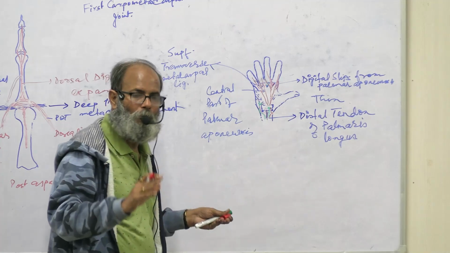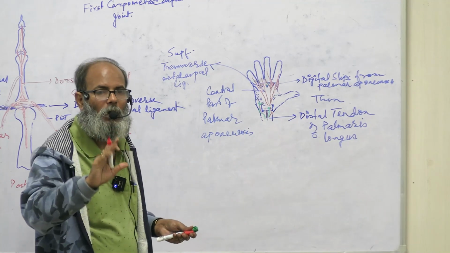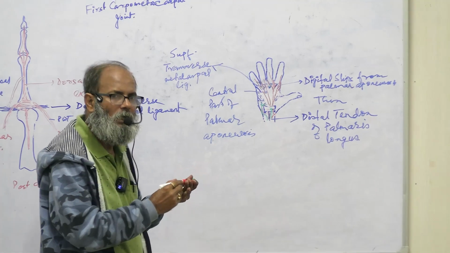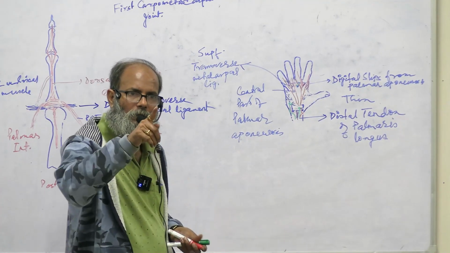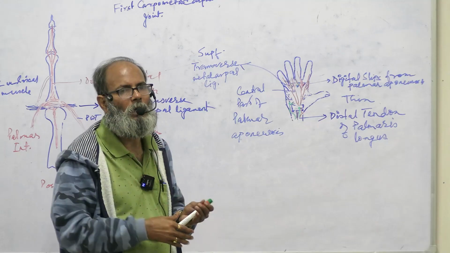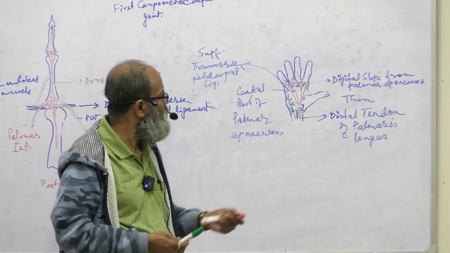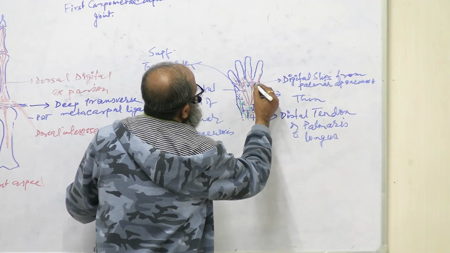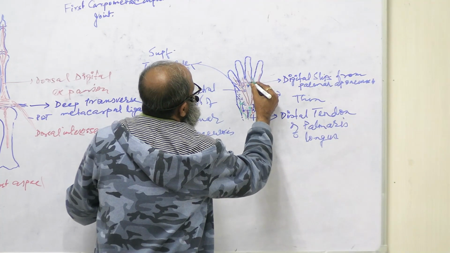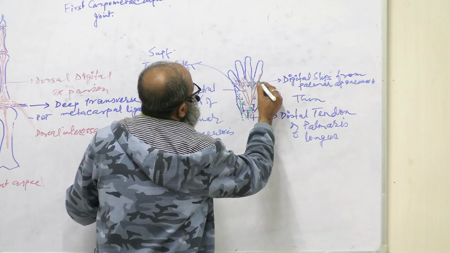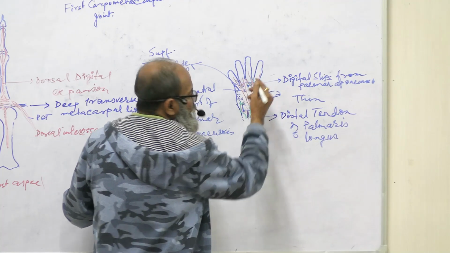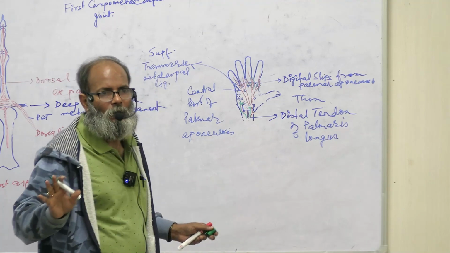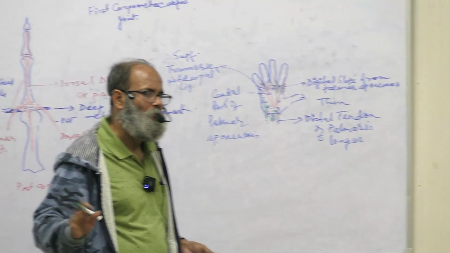From the flexor profundus at the denuded part where there is no flexor synovial sheath, because the flexor synovial sheath goes along with the lumbrical to form the lumbrical canals. From this tendon, it is going like this, forming the lumbrical canals. So this area is devoid of the digital synovial sheath. Got my point?